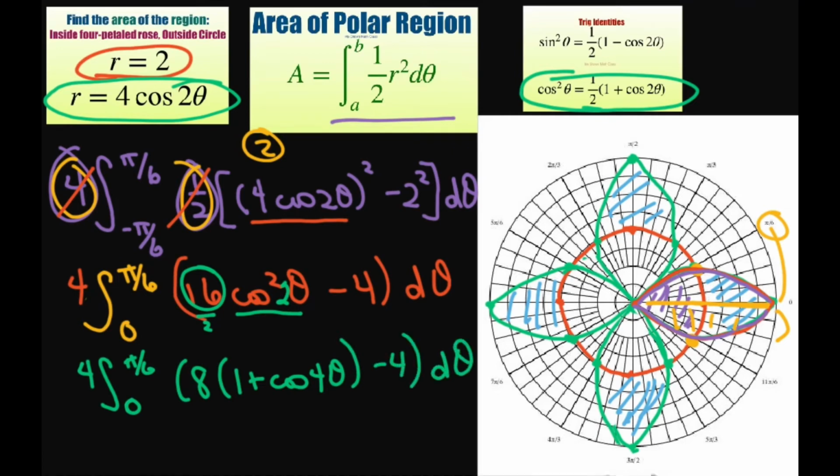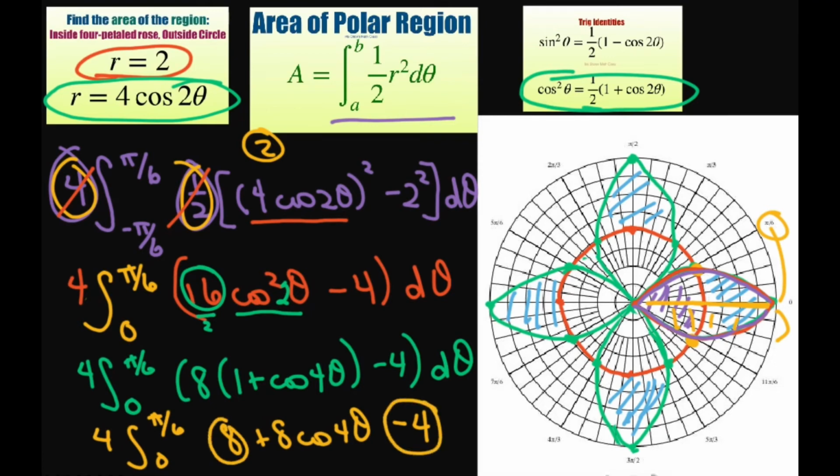All right. Now, let's go ahead and simplify this as 4 times the integral of 0 to pi divided by 6 of 8 plus 8 cosine of 4 theta minus 4. Adding these two up, you're going to get 4. So we're going to have 4 there. So let's move on with that.